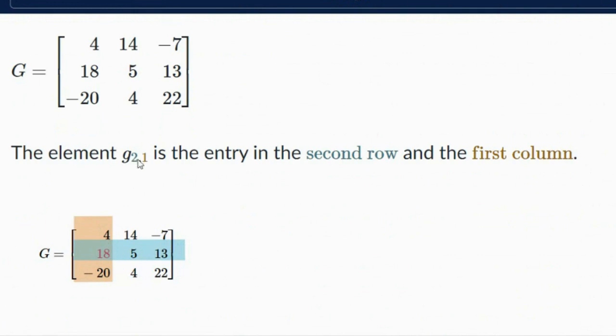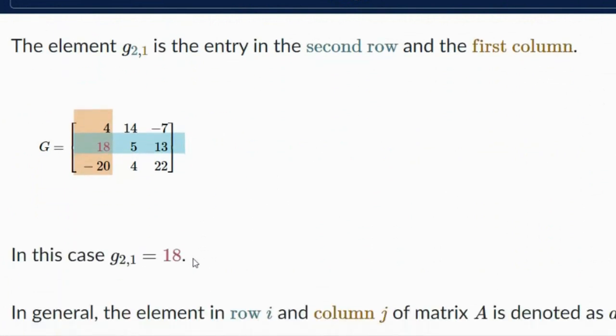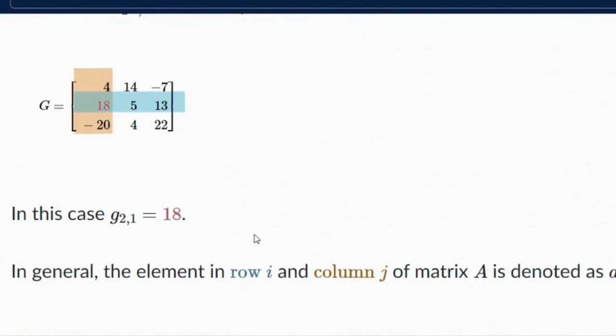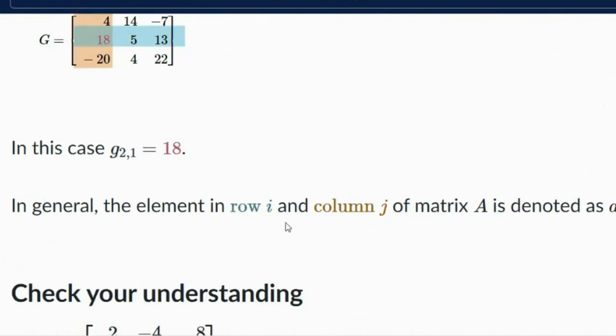So G21 is 18, because that is the element in the second row, first column. In general, we can say row i and column j. We could say a i j to represent any element.